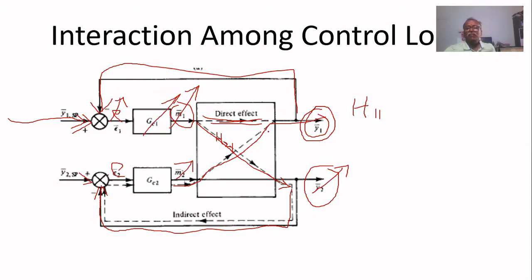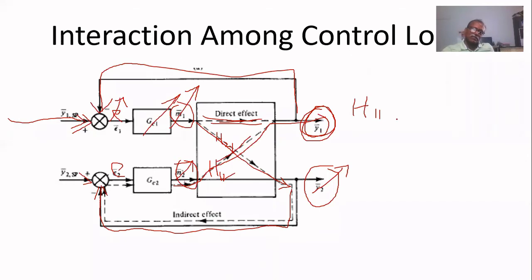Another indirect effect is because of H21, it goes to Y2. Because of feedback, again, it manipulates M2. Any change in Y1 manipulates M2 here. You can notice that. So the change in M2, what will it do through H12, this is the H12 path. H12 again affects Y1. This change in Y1 is called the indirect effect.